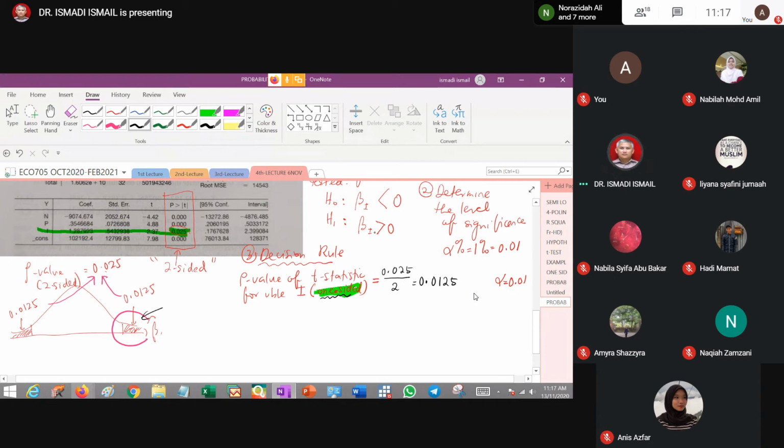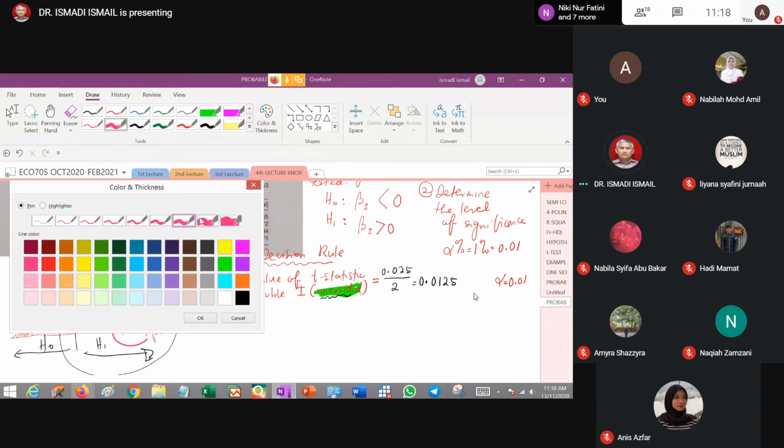Our hypothesis is beta greater than 0. So only this area under H1. Under H0, negative. So we just focus on this side, only one-sided. So we compare the probability value of the t statistic for variable I for one-sided.